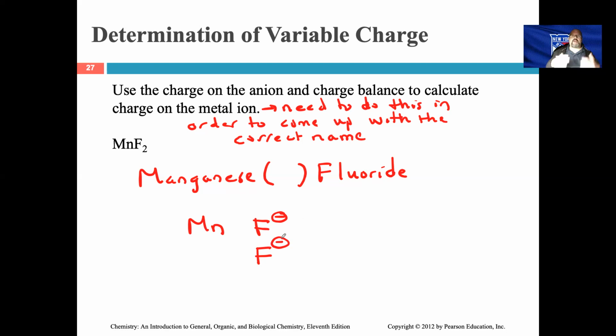So how do we know what the charge of the manganese is going to be? For all compounds, the sum of the charges has to add up to 0. So if you have -2 for the two fluorines, the manganese has to be +2, because now the overall charge adds to 0. And you would have manganese(II) fluoride.